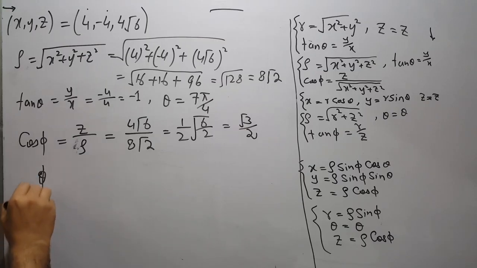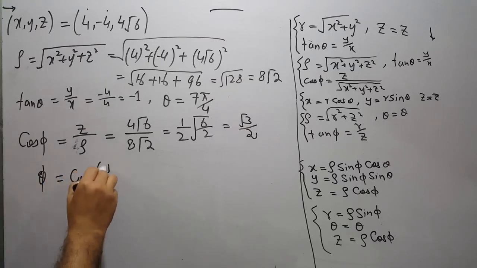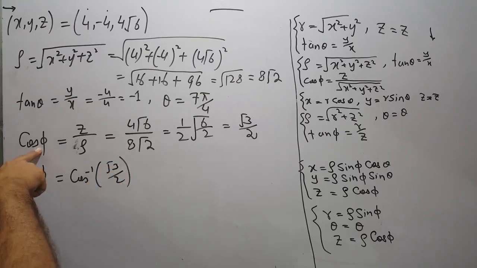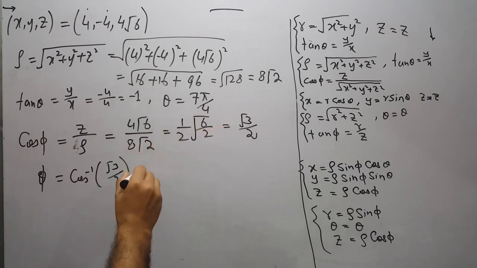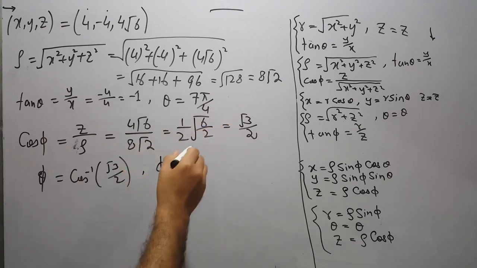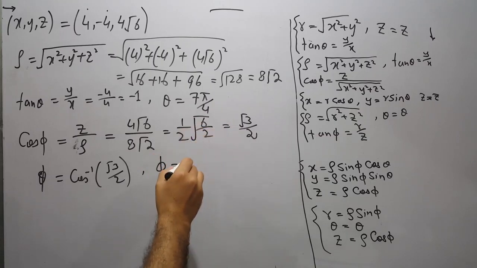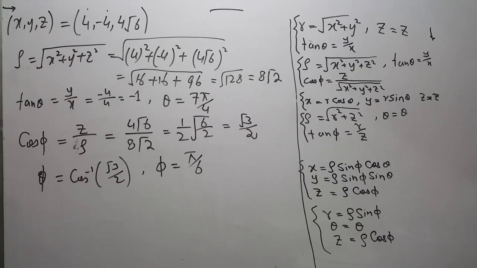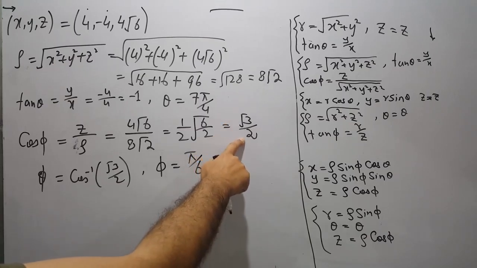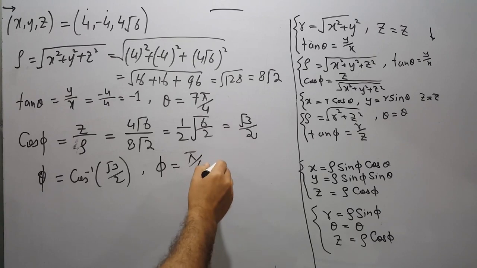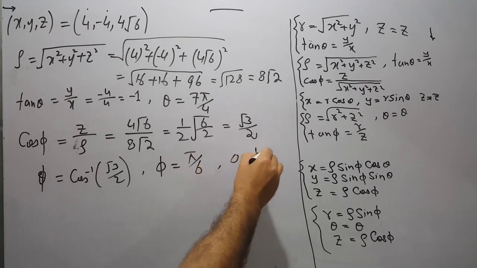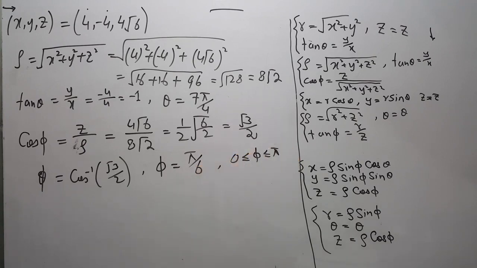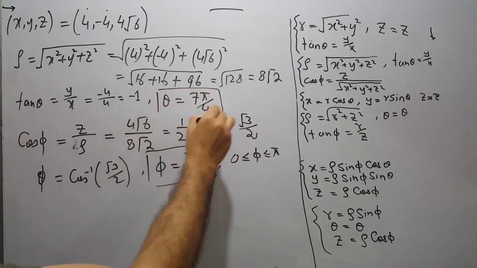So phi would be cos inverse of square root 3 over 2, which means you have to find which value of phi gives square root 3 over 2. Using a calculator or other information, you can see that this is pi by 6, since cos 30 is square root 3 over 2. There are other values as well, but we are looking for phi between 0 and pi, so this is the only value in this range.